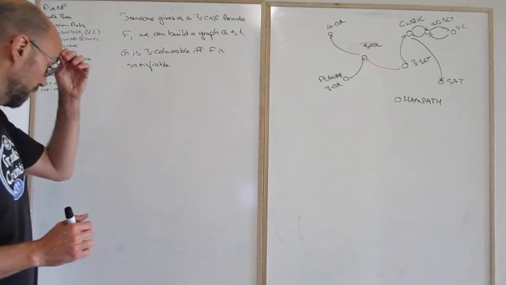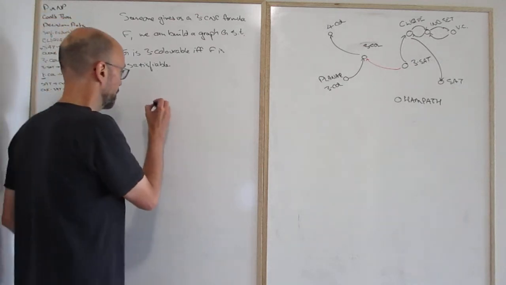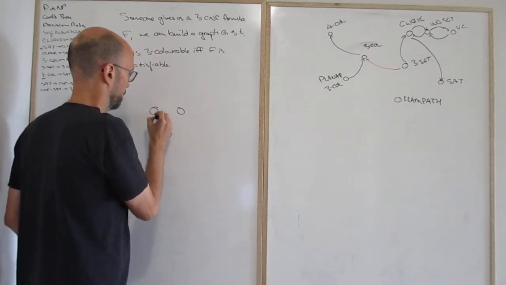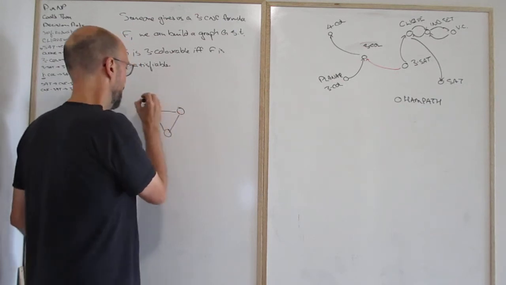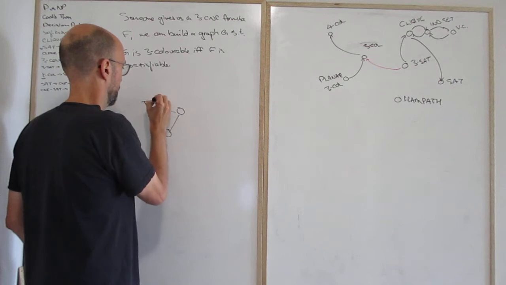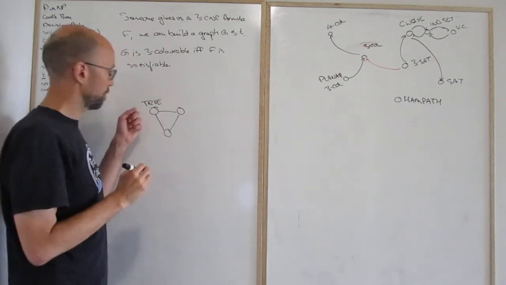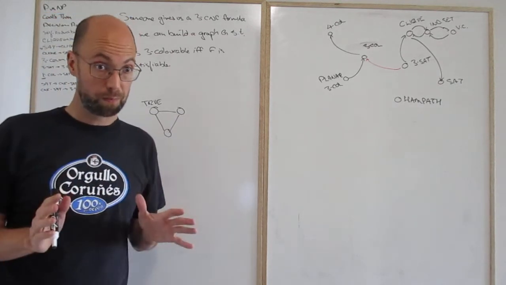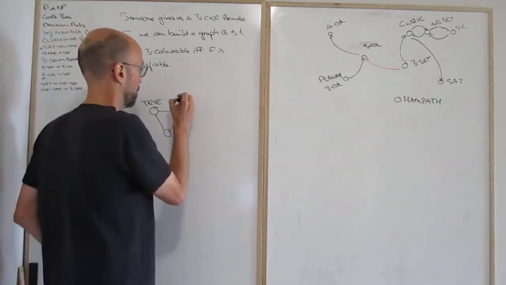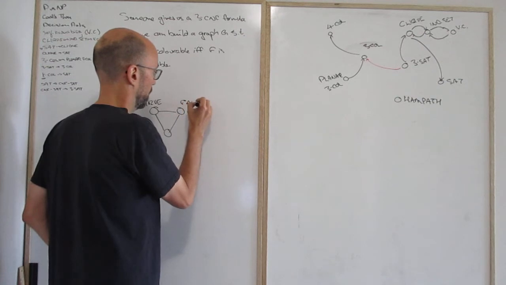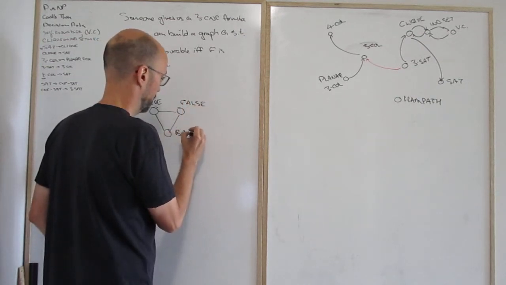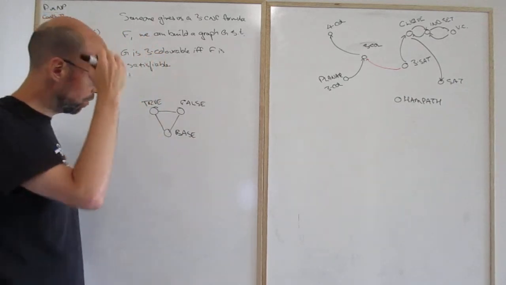But the idea is, what we're going to do is we start with a triangle. And we're going to call whatever color this vertex gets, we're going to call that color true. And we're going to call this one false. And we're going to call this one base. Okay?